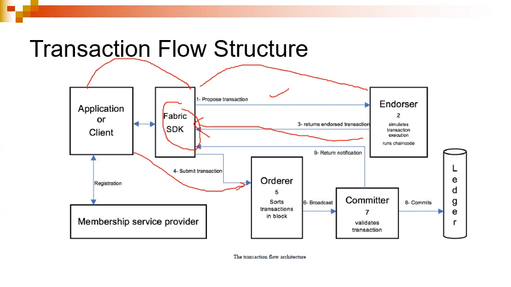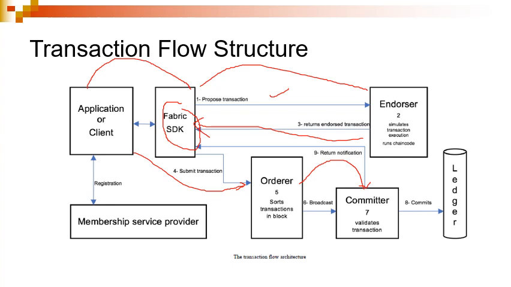You can see these orderer nodes. The orderer nodes will sort the transactions. They will order the transactions, and then there are committers. You can see the committers will validate the transactions and update the transaction.